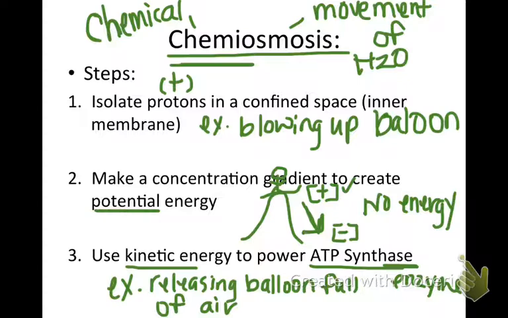We isolate protons, we blow up that balloon. Then we make a concentration gradient, which means that we pack that balloon so full of protons, it's about to bust. It's stored a lot of potential energy in that balloon. And once we release that balloon full of air, that kinetic energy that is released is going to power an enzyme. So please keep that in mind.